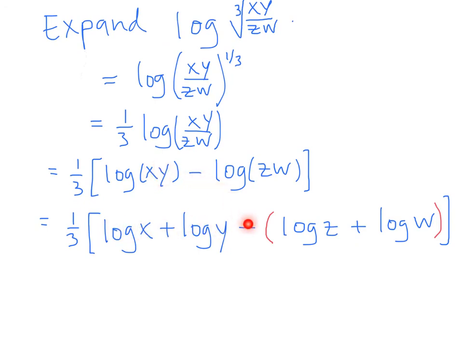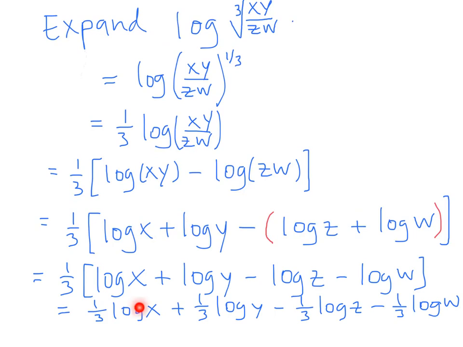Then we have minus, note I put parentheses. So log of zw becomes log of z plus log of w. And again, I have 1/3 out in front of the whole thing. So the last thing we have to do is distribute this minus into these two. So we get 1/3 log of x plus 1/3 log of y minus 1/3 log of z minus 1/3 log of w.